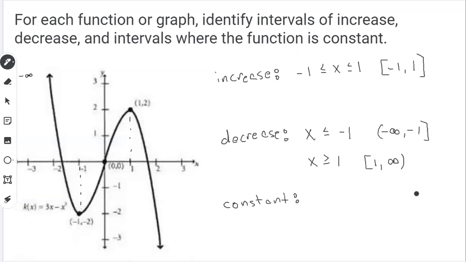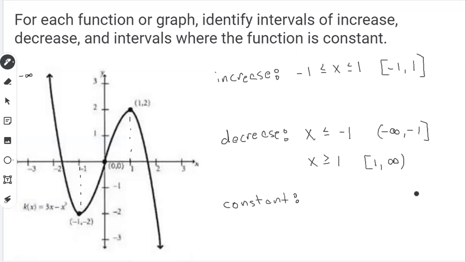We know where the function is going down. We also know where the function is going up. Also, notice that the function is never constant. It's never flat. So we don't have any intervals of constant, right? We only have intervals of increasing and decreasing for this function.